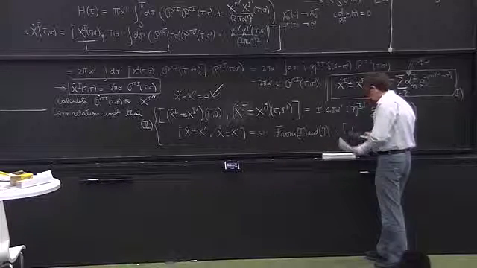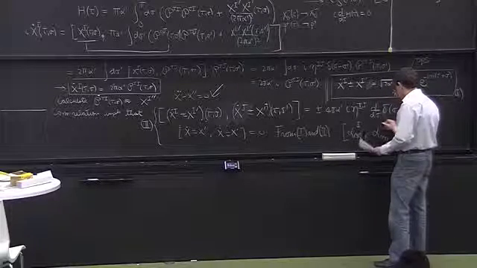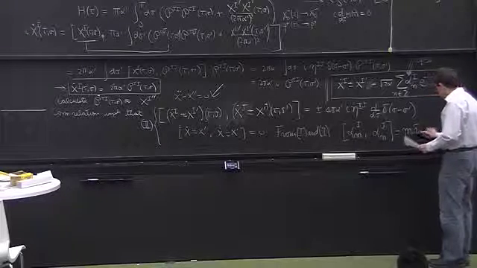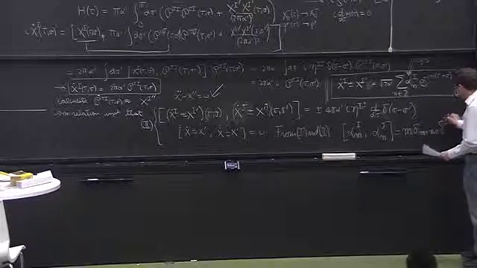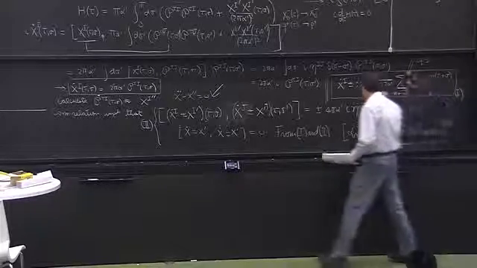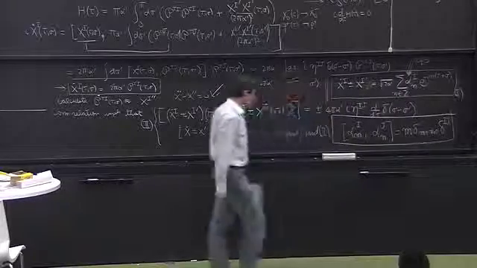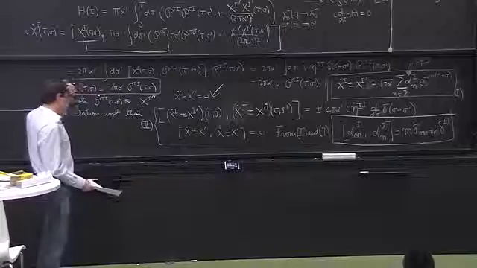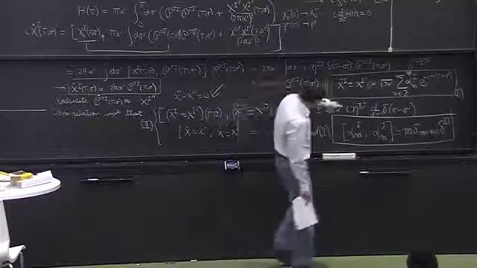Alpha m i commutator with alpha n j is equal to m delta m plus n, comma 0 delta ij. So this is it. It's a very strange looking commutation relation, actually.